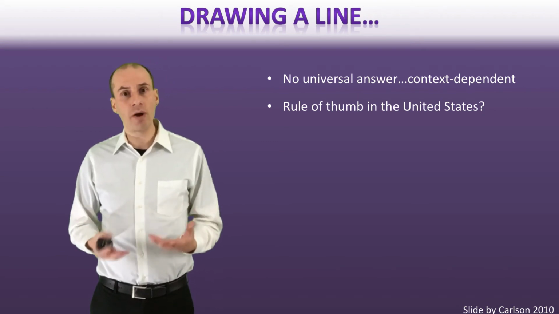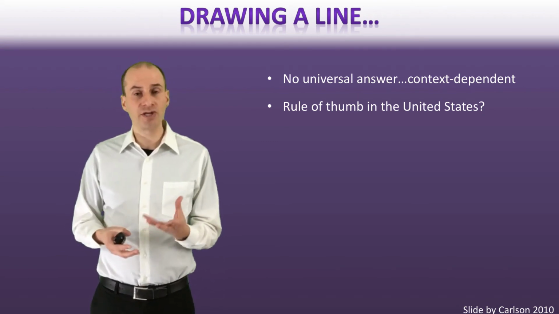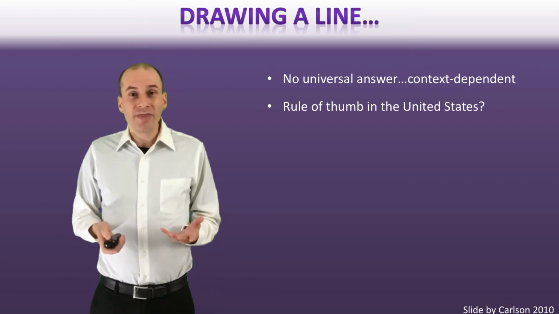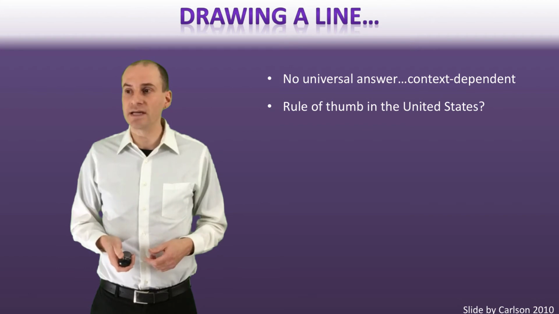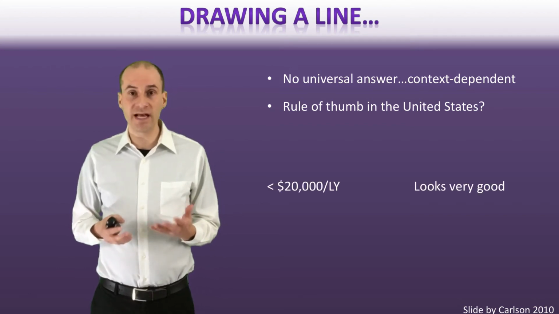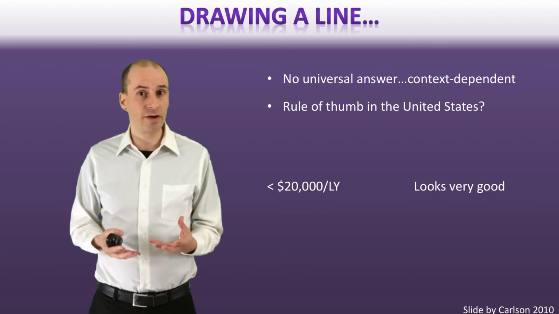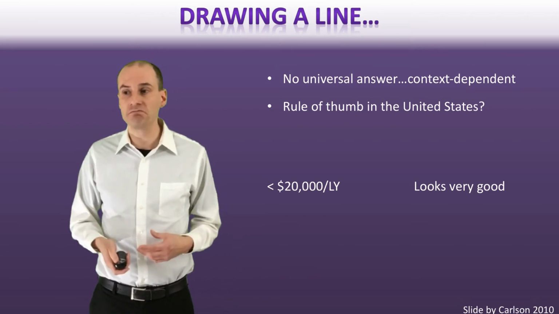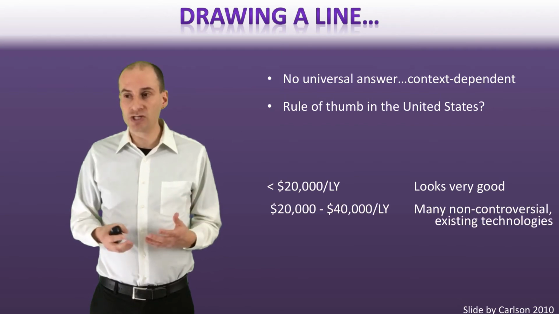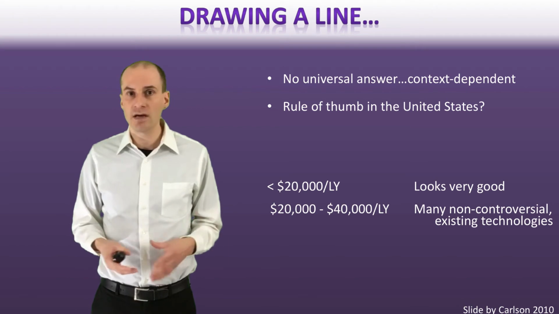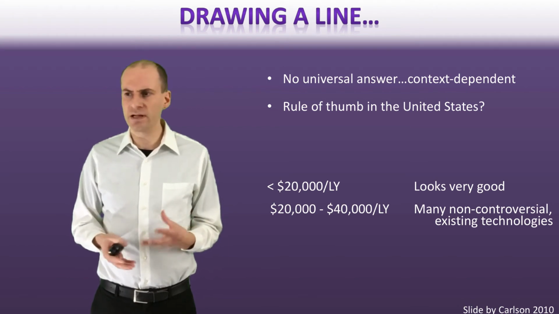If we were to do that, where would we draw the line? And this is answering the question that I gave you earlier. How much is a year of life worth? Well, there is actually a rule of thumb in the United States. Generally speaking, if it's less than $20,000 per life year, that intervention is generally seen as being really good. If it goes 20 to 40,000, this is pretty common. You see this for many commonly used health-related interventions.